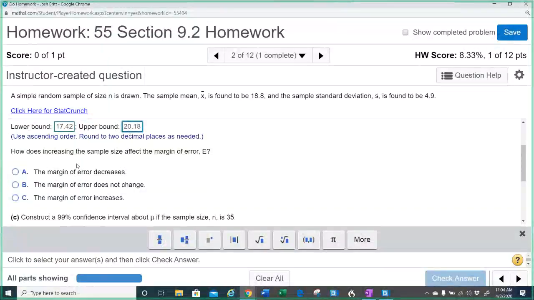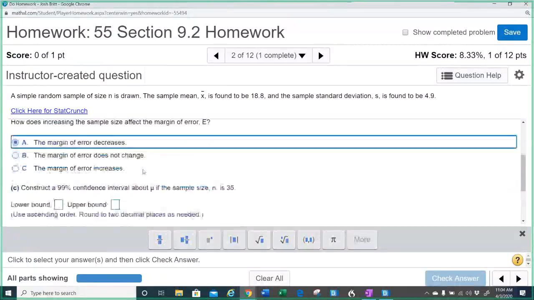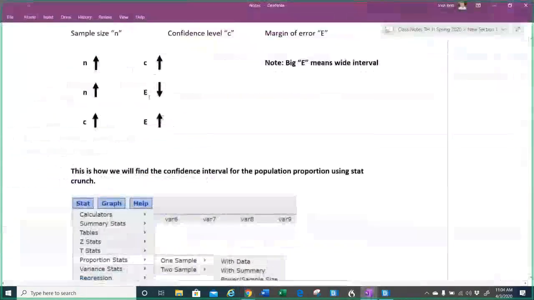How does increasing sample size affect margin of error? So increasing sample size makes margin of error go down. Margin of error decreases. So again, I'm just using this little chart that I give my students.